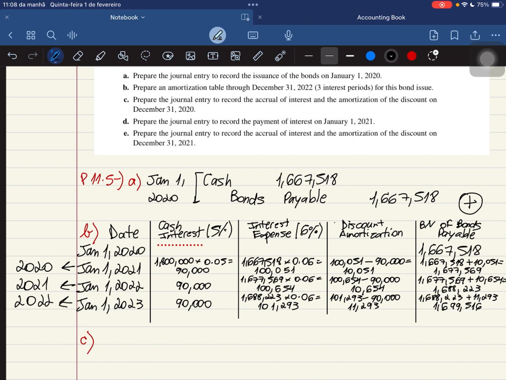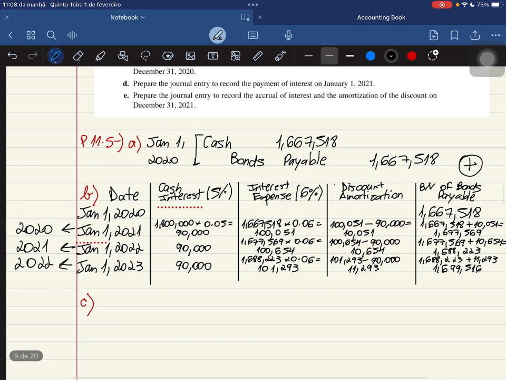So the number that we're actually looking for on December 31st of 2020, it is when? It is on January 1st of 2021, right? Because that's when you pay the amount for 2020. So this is the number that we're looking for, 10,051.